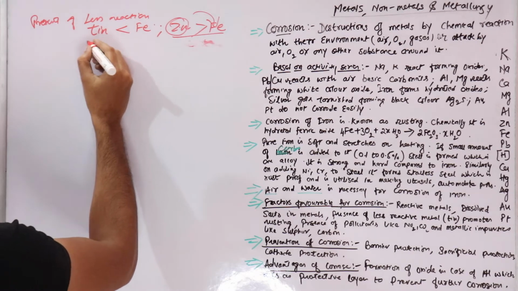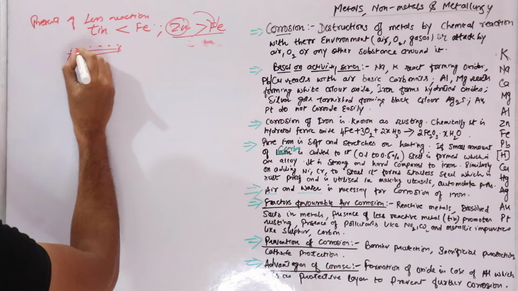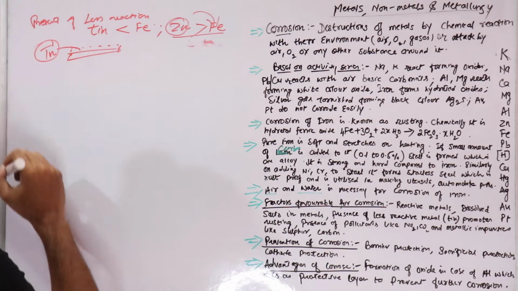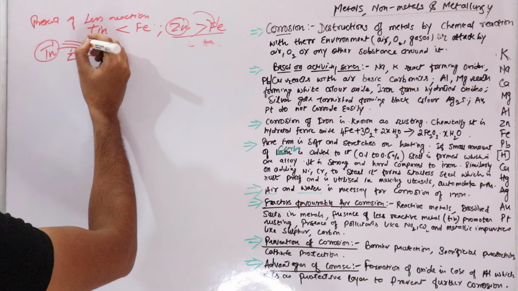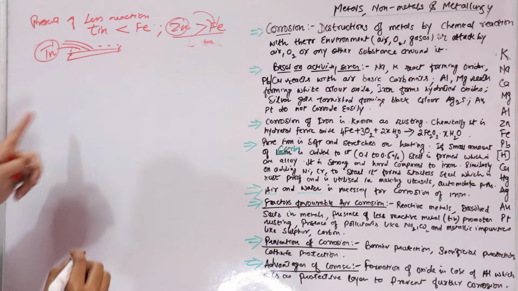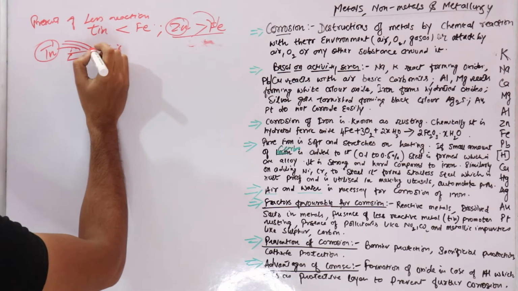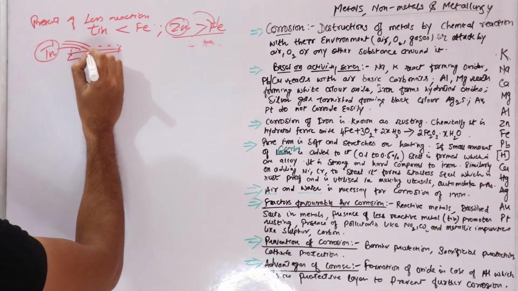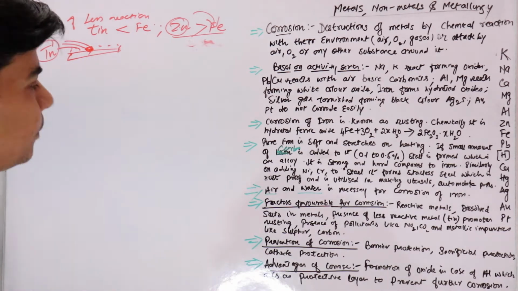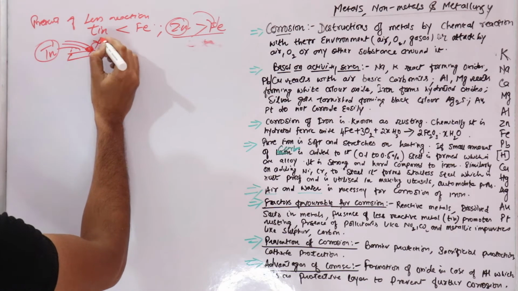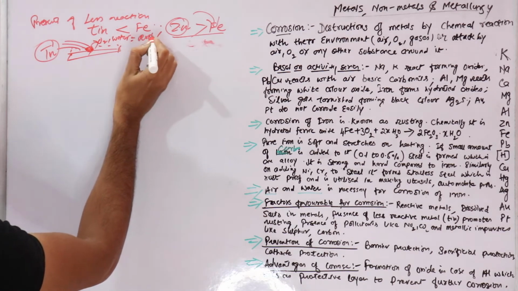Since we are discussing favorable factors for rusting, suppose this is an iron rod and you have coated tin over it, and there is a scratch somewhere on this coating. Since tin is less reactive than iron, tin will not react, and instead the part of iron on this rod that is exposed to air will start reacting with oxygen and water vapor and start the process of rusting.